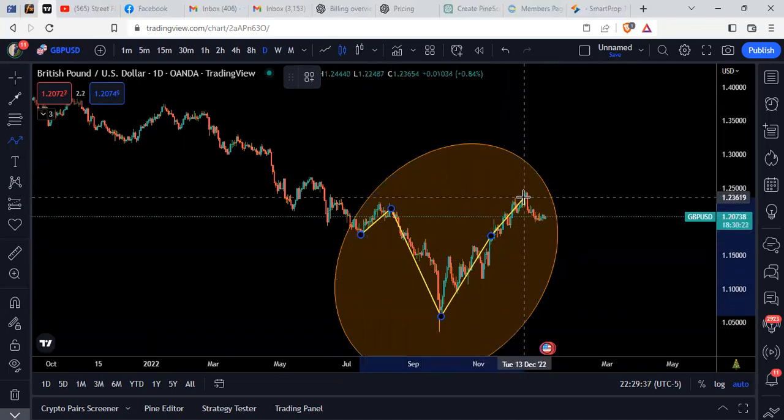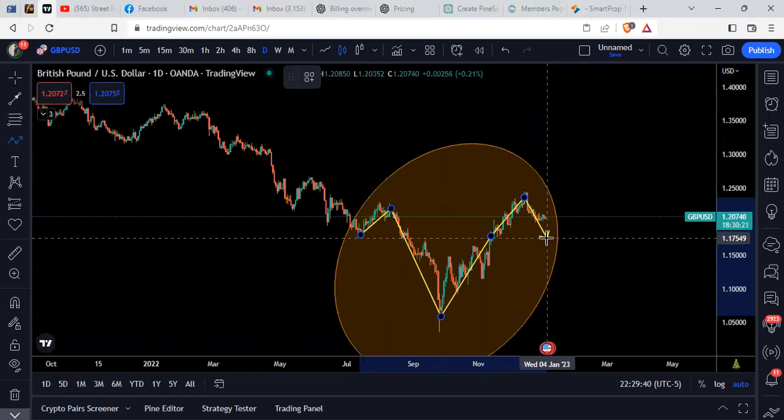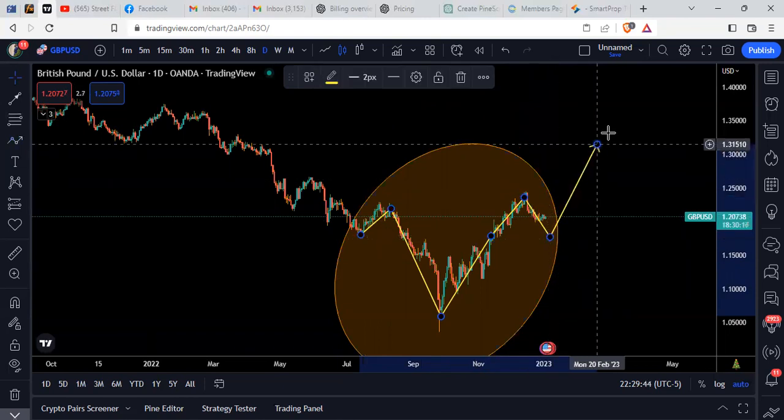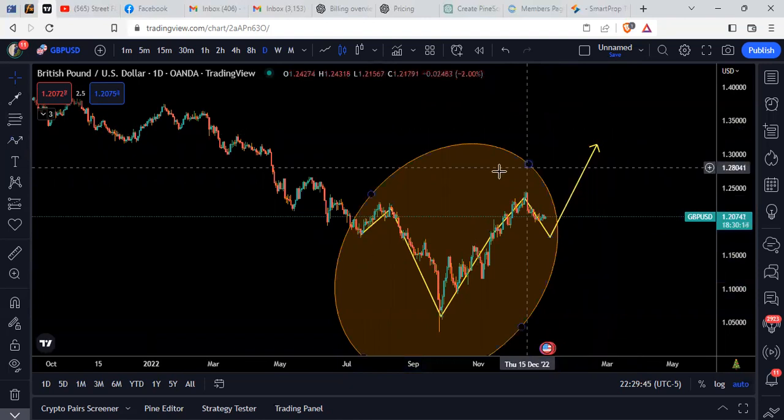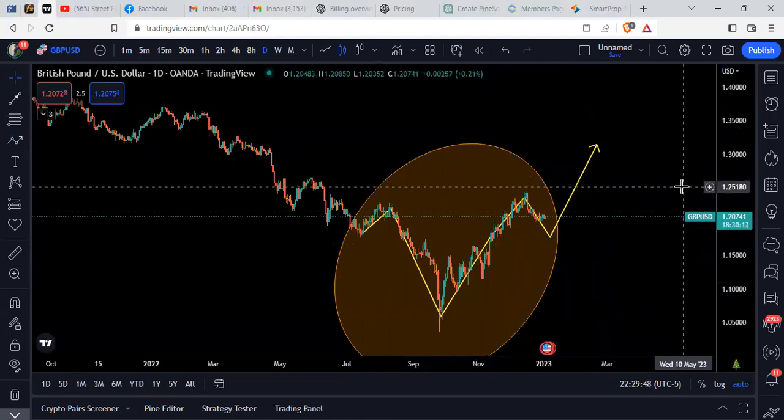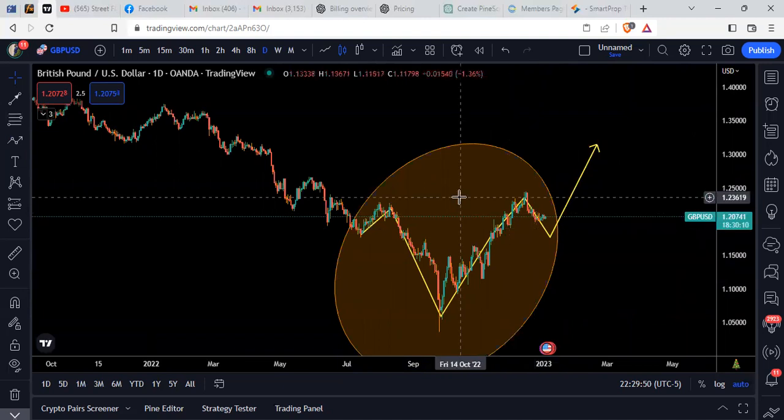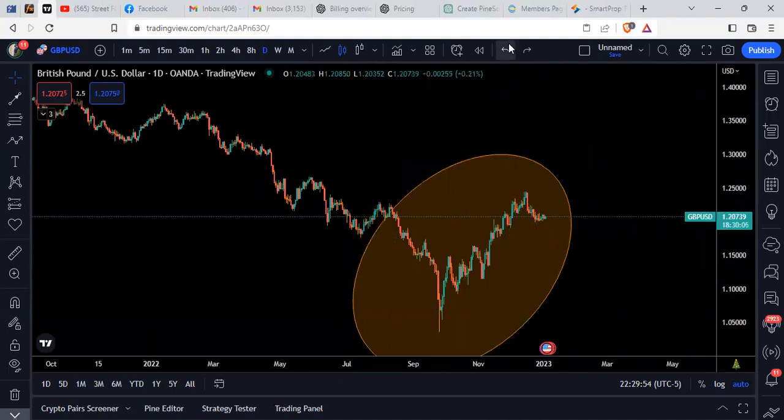This is an inverted head and shoulders, just like we saw on the monthly. It's the same thing on the daily. Same thing.